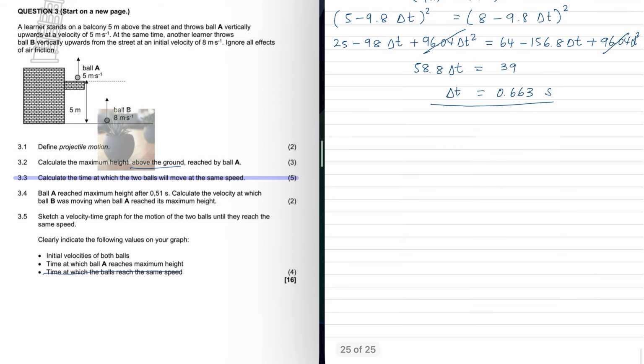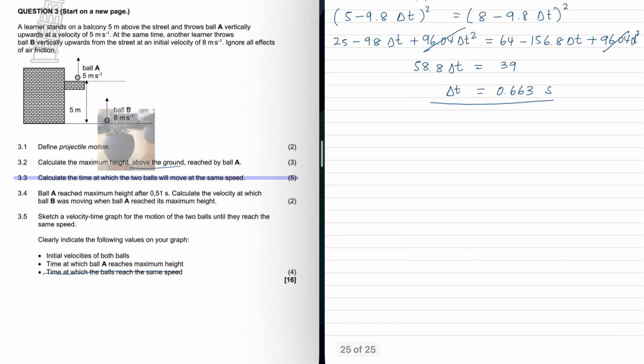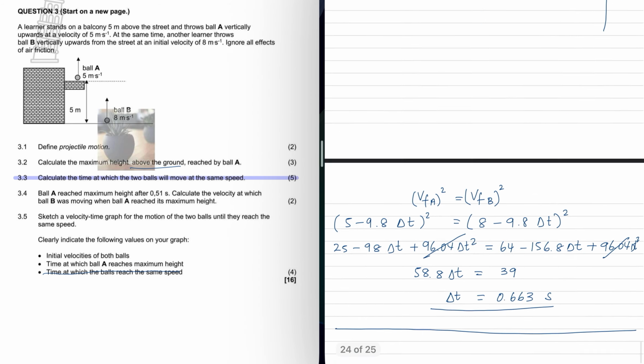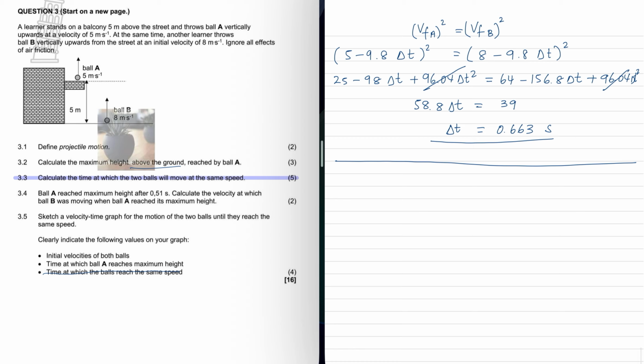Another way you could solve it is, instead of squaring, you say that because the answers were not the same here, it means that A must be traveling down, and B must be moving up. We can account for that by saying minus VF of A is going to equal VF for B. Then you say minus (5 minus 9.8 delta t) is going to equal 8 minus 9.8 delta t.